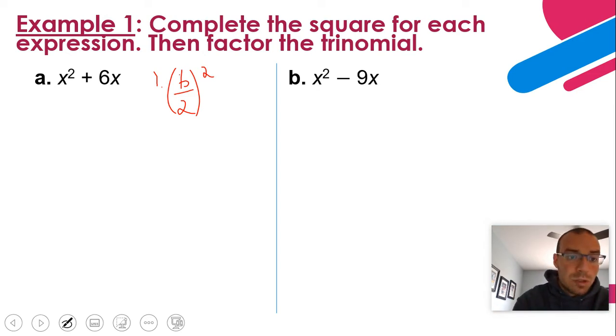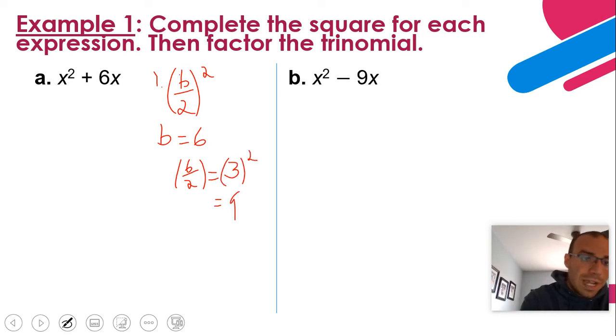So we have to take our b term, which in this case is 6. We have to divide it by 2, which will get us 3. And then we have to square that term, which will get us 9. So in order to complete that square, what we're going to add to the end of this trinomial is a 9.